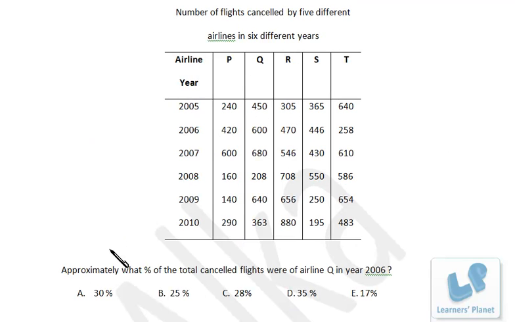Now approximately what percent of the total cancelled flights were of airline Q in the year 2006? Now we take the average of that. We have to find out the average of all these data. I assume it to be 500.